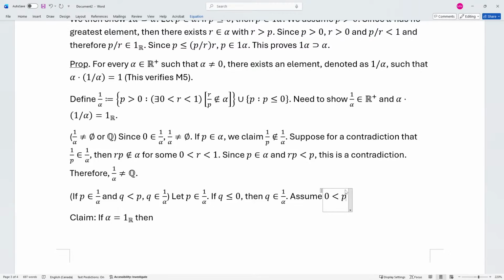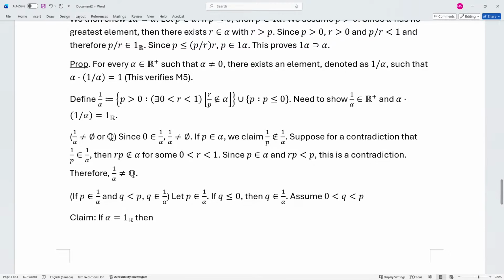Q is less than P, but Q is positive. We need to show that Q is in 1 over alpha. To do so, we need to verify this property: there exists an R such that R over Q is not an alpha.